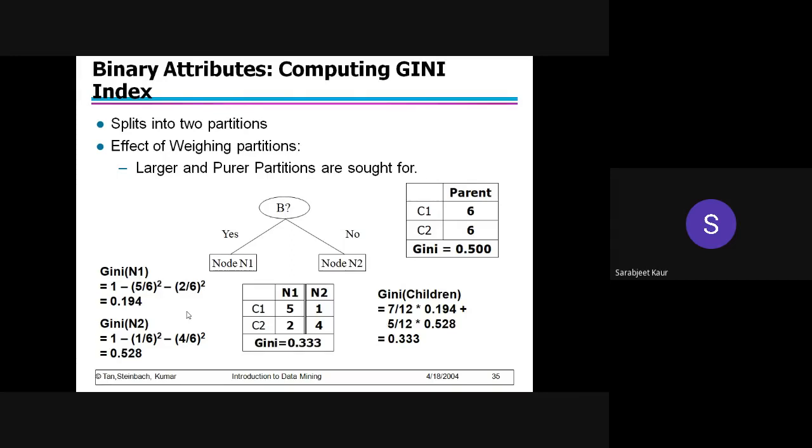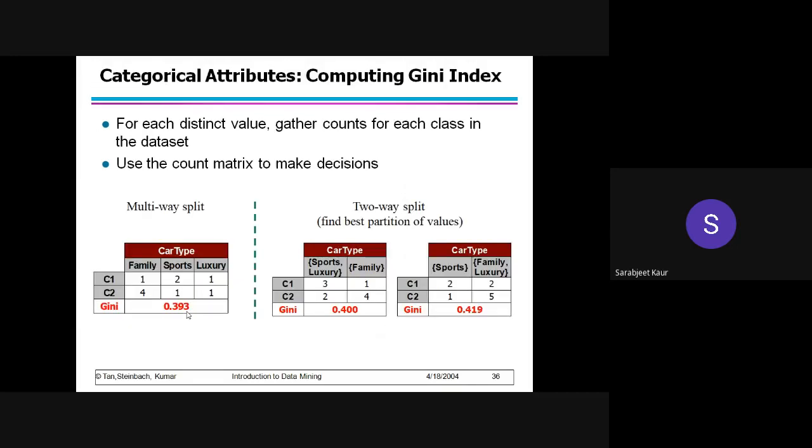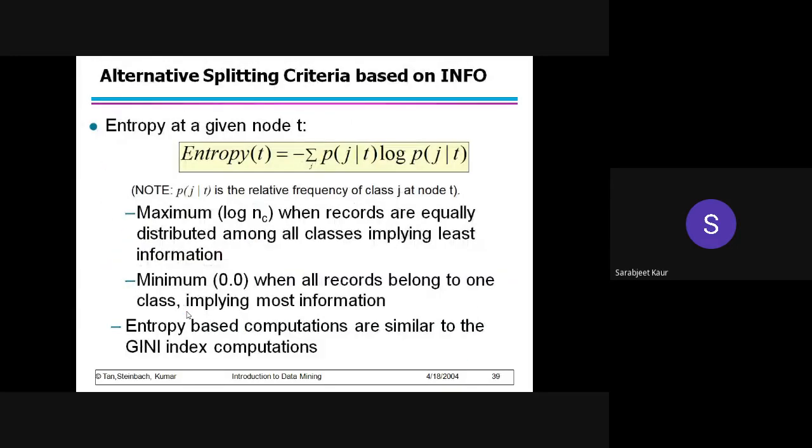I'll send them to you so that you can practice these with your own hands. These are very easy marks, but then you get numericals based upon these. You may get how to construct a decision tree, for example, and they will tell you the metric, so based upon Gini, based upon entropy. These are generally the two metrics which are most probably asked.